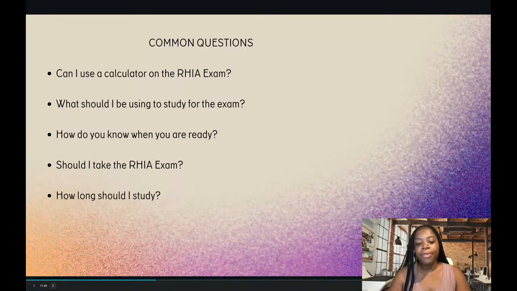If you're taking the RHIA, you also want to make sure that you have the Oachs and Watters Health Information Management Concepts, Principles, and Practice textbook. The exam is based off of several textbooks, but that's the main textbook that makes up this exam.